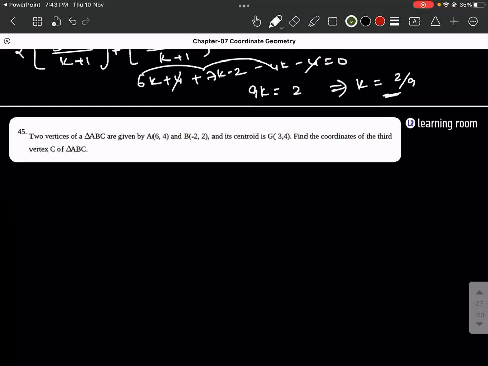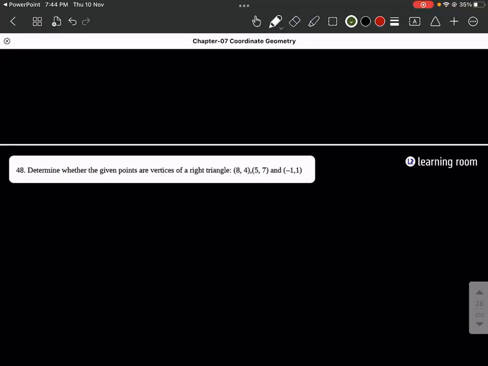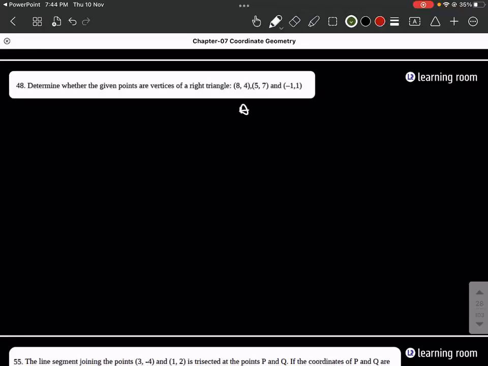So centroid not needed. Determine whether the given points are the vertices of a right angle triangle. What will you do? Then distance formula. Yes. You have to apply distance formula. Find AB. So AB will be root of 9 plus 9. That will be 2 root 9.